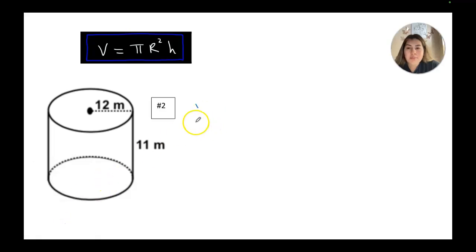We'll do red this time. So V is equal to pi times r, the radius, which is 12, squared, and h is our height, 11.